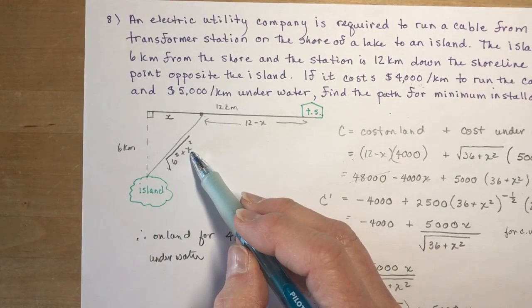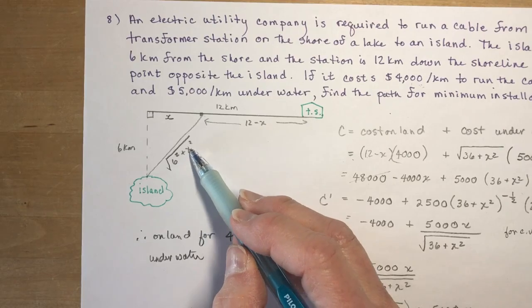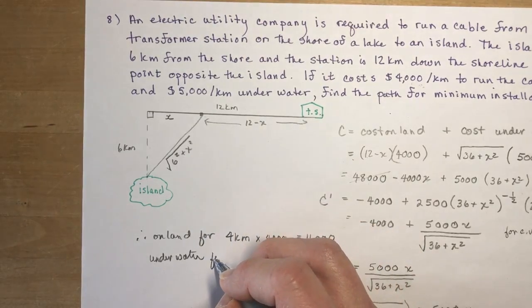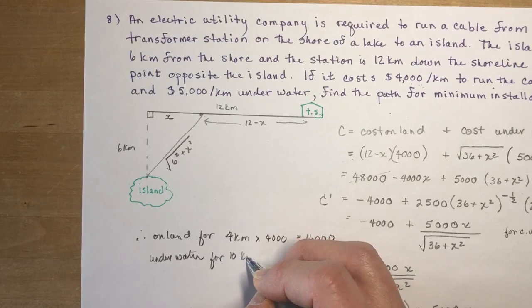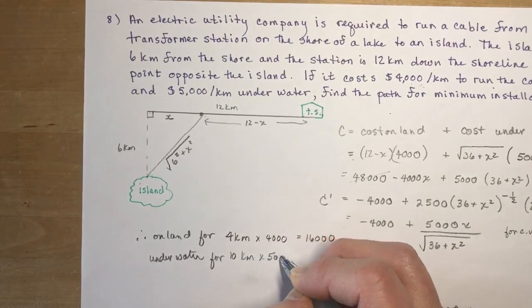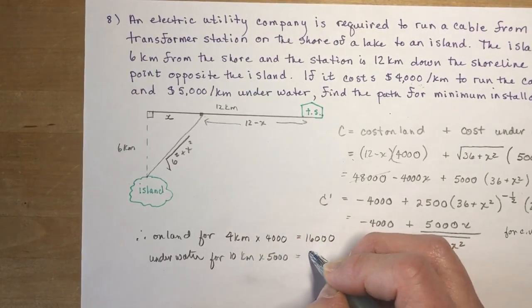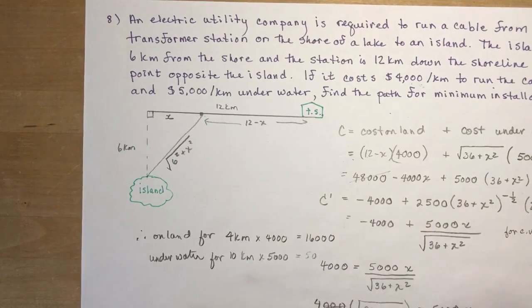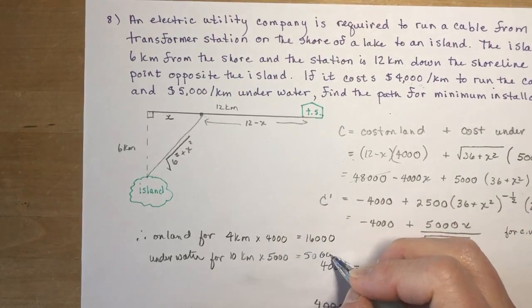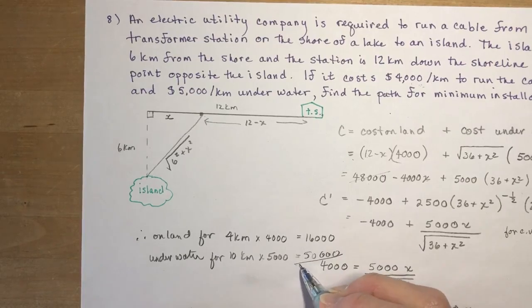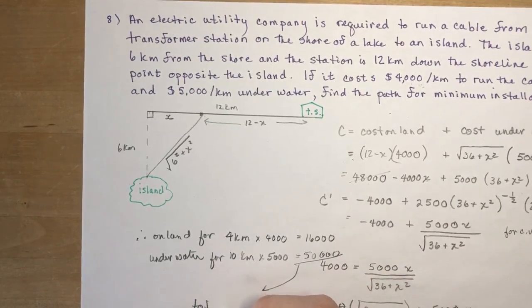So that's 16, 64, 100, square root of 100 is 10. So for 10 kilometers times 5,000 is going to give you $50,000. And the total cost, it didn't say find the cost, but we'll do it anyway. So we got $66,000. Sounds like a bargain, doesn't it?